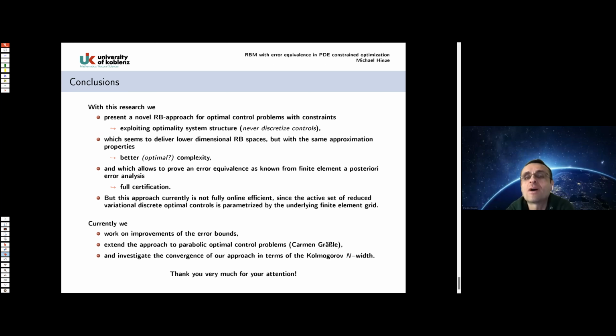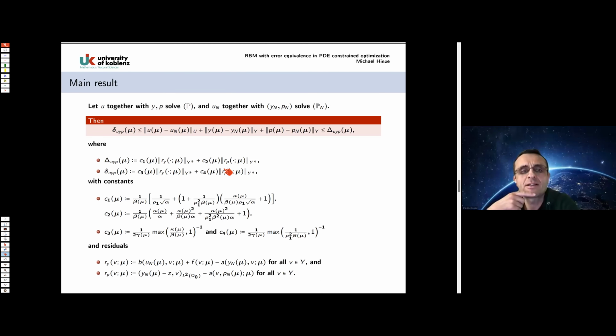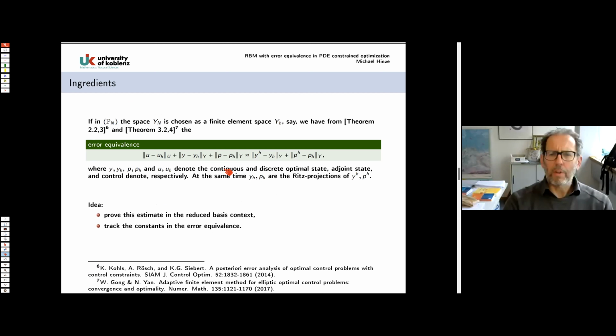Yeah. So, Michael, thank you so much for a very nice, very clear talk. Now, I have a few questions, but I'll ask a silly one first. When you're talking about y superscript h and p superscript h, I don't remember the slide number, but yeah, it is here.